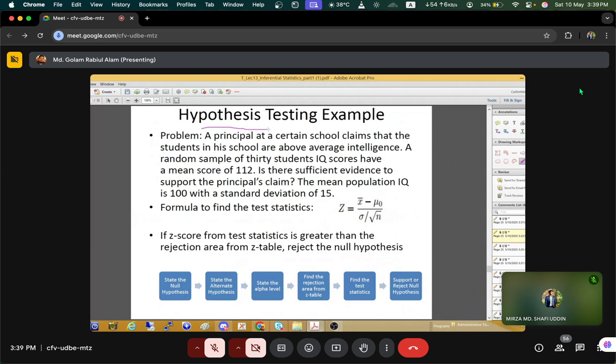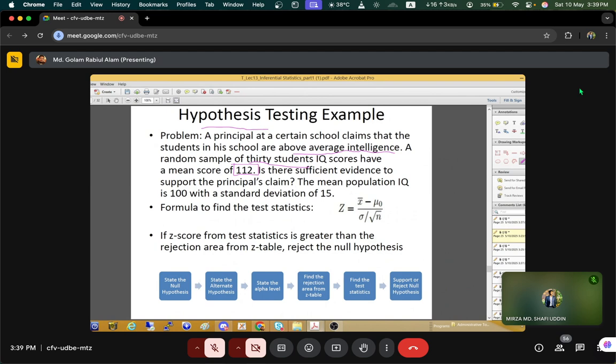Now, another example is here. A principal at a certain school claims that the students in this school are above average intelligence. A random sample of 30 students' IQ scores have a mean score of 112. Is there sufficient evidence to support the principal's claim?